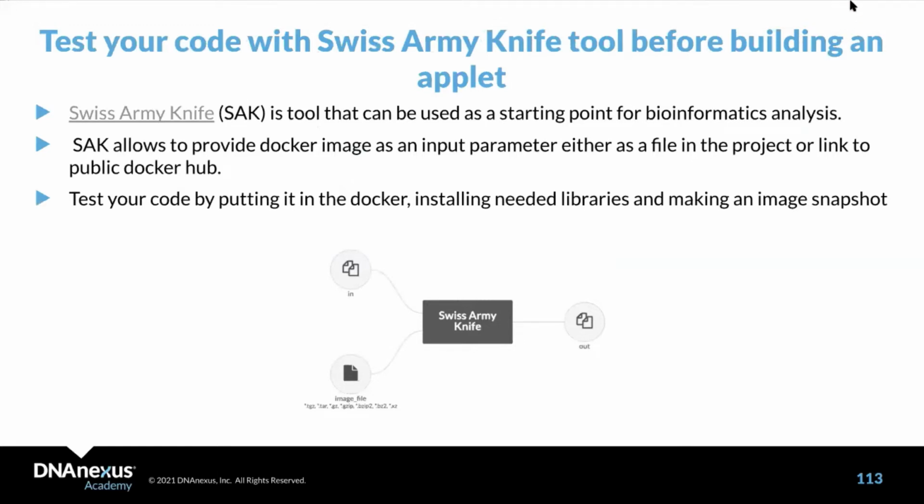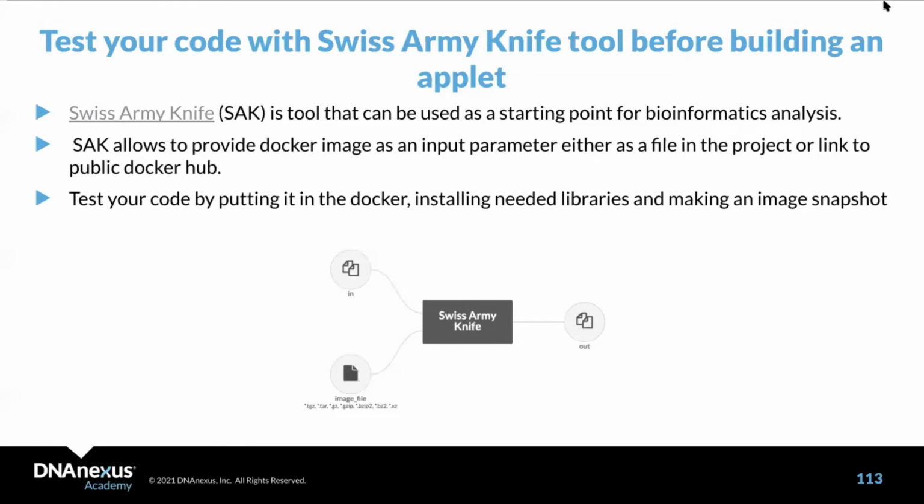Well, this is a perfect opportunity to try our Swiss Army knife tool, which can be used as a starting point for bioinformatics analysis because it has something pre-installed. But why we recommend using it for testing applets or the applet code is that with Swiss Army knife, you can use a Docker image or a link to the public Docker Hub image as a parameter.